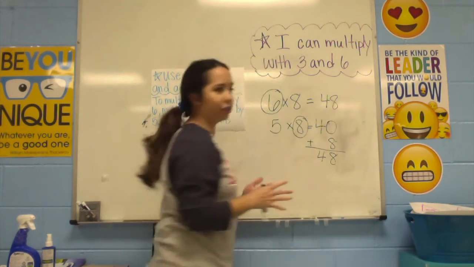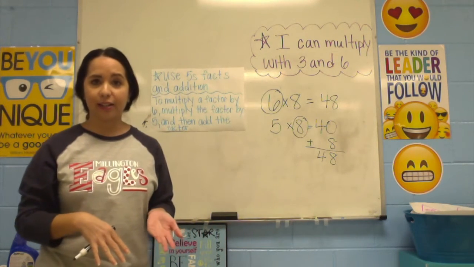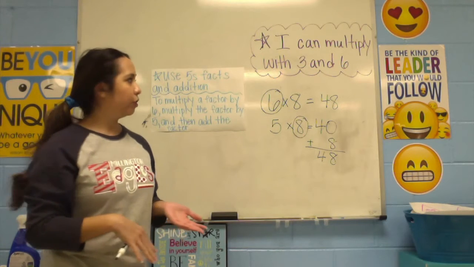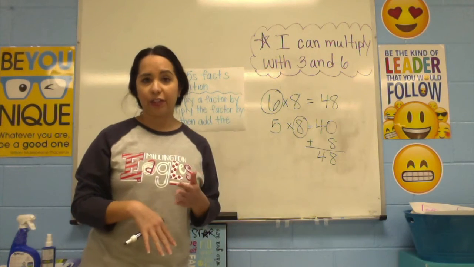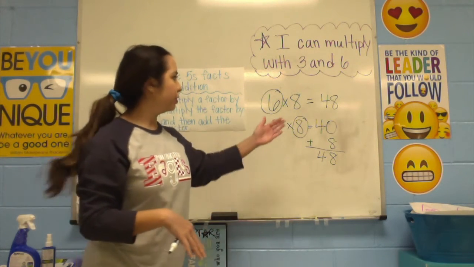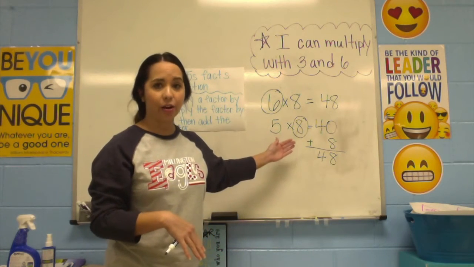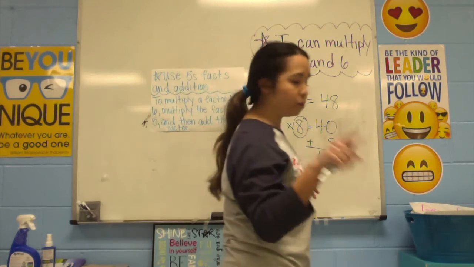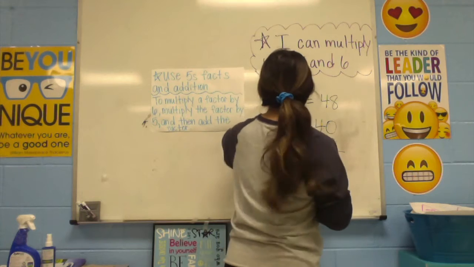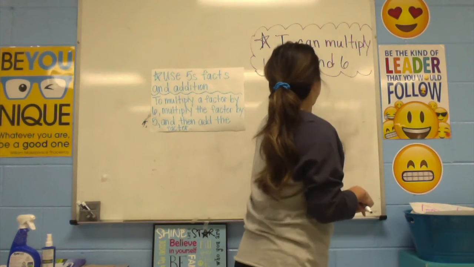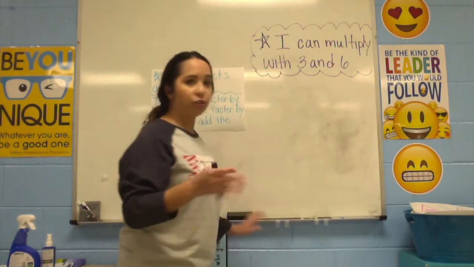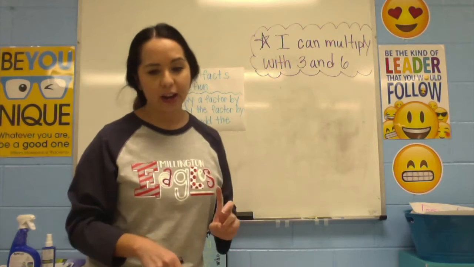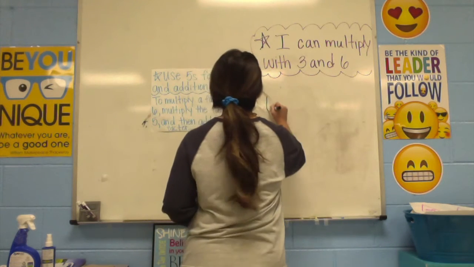It's just a little trick, and it really does help. If you don't know 6 times 8 yet, using your 5's facts really does help. We're going to do one more for extra practice, because I can see how this strategy can be a little confusing. Let's try 6 times 9.